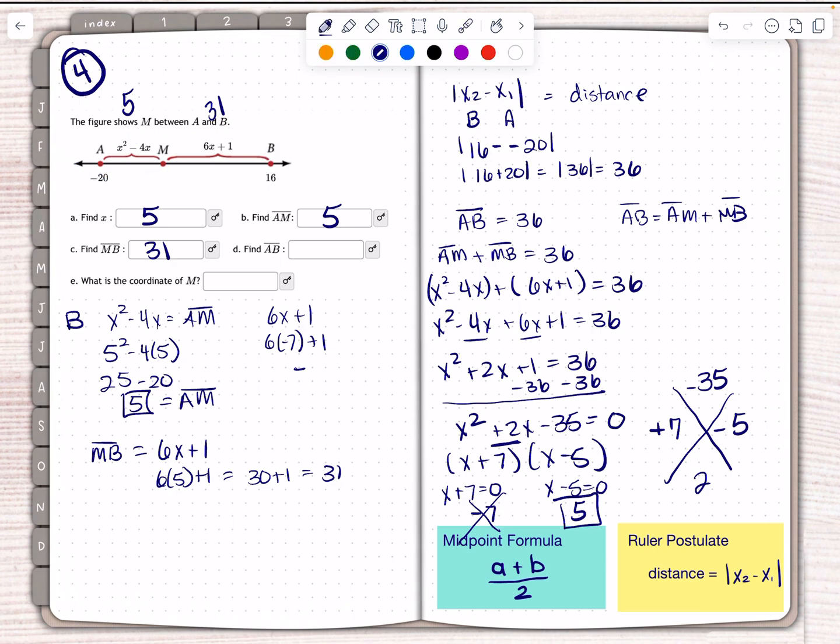AM plus MB, and AM equals 5, MB equals 31, so our total is 36, and it does match what we had up here.